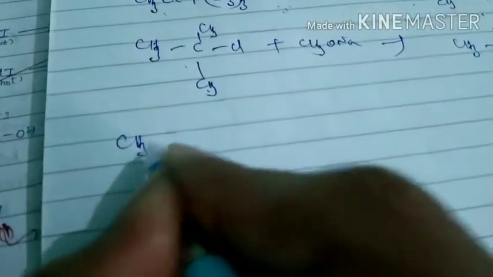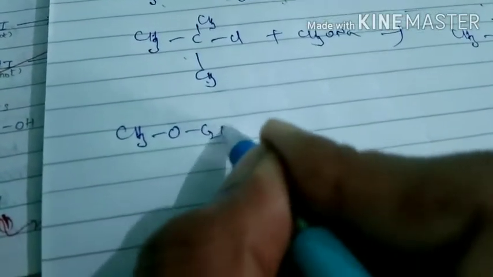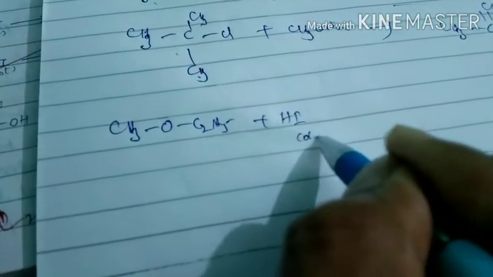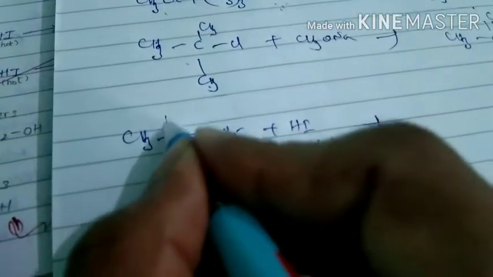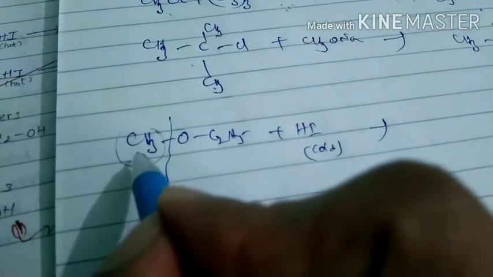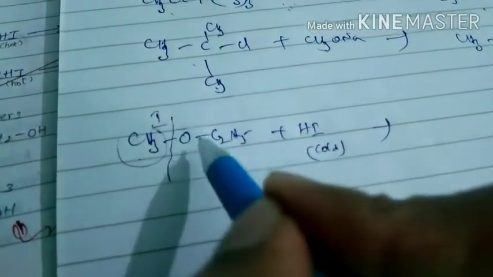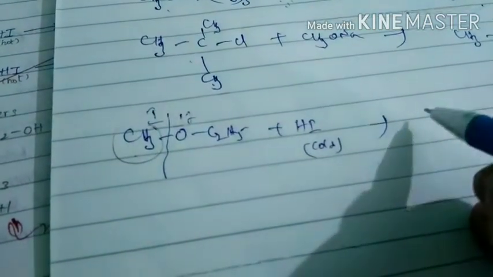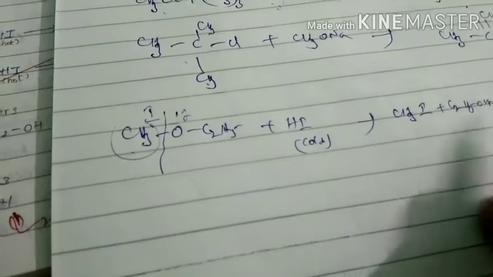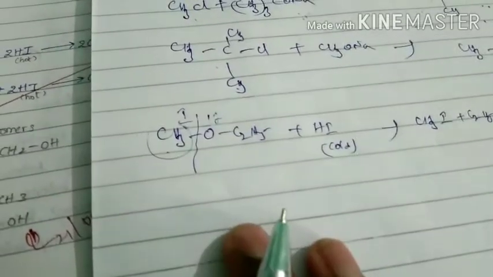See, I show the reaction here. CH3OC2H5 plus HI, cold HI. Then this bond will be broken. So every time the lower alkyl group, with fewer carbons, on this side iodine comes, this side H. Then automatically CH3I and C2H5OH. That's it.